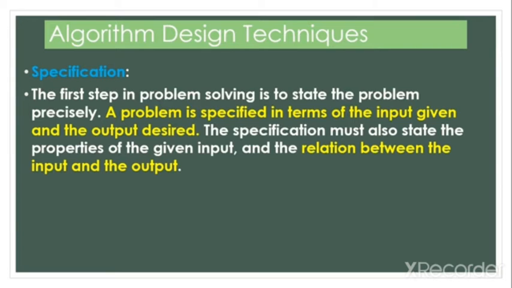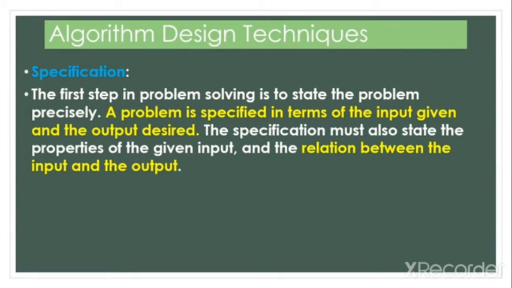I already told you about preparing a cake. To bake a cake, what are the ingredients we need? Our desired output is the cake. To prepare that cake, what ingredients do we have to use? Those ingredients are the input. For that there are some properties and techniques: limited quantities, how much measurement to use, how many procedures there are, all the quantities that must be followed. All of that is the properties.